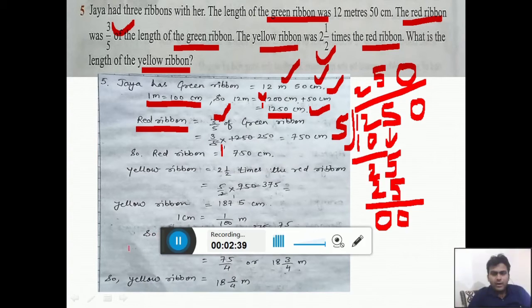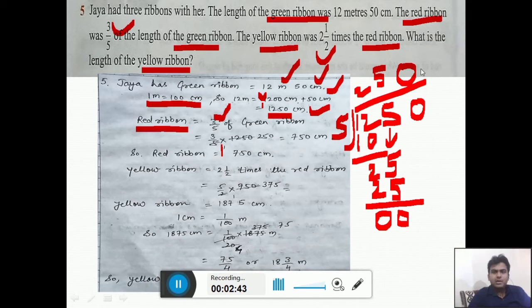Now 3 is left, so multiply the 3 with 250, and it equals 750 centimeter.